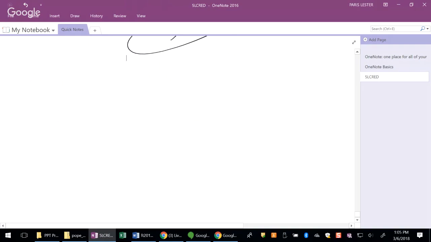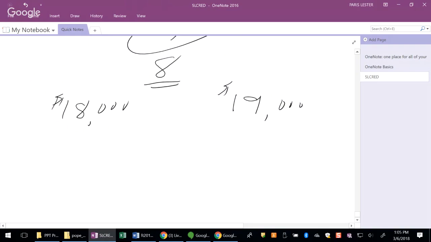Anyway, he had about 8 acres of land for sale. I think I offered him 18. Now get this. He wanted 19, but he wanted the mineral rights.